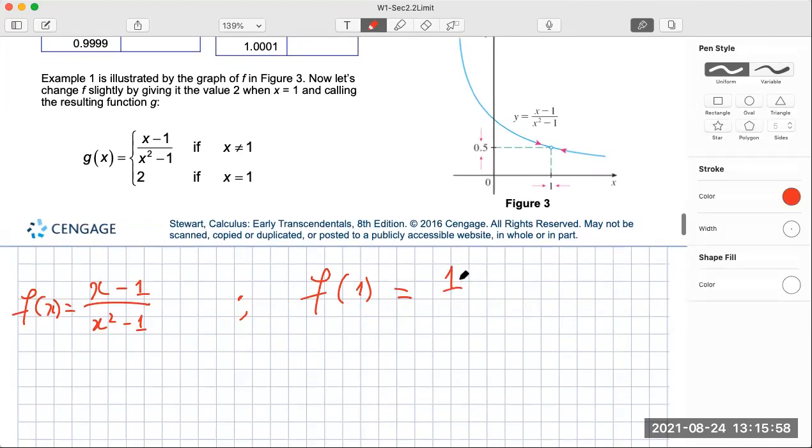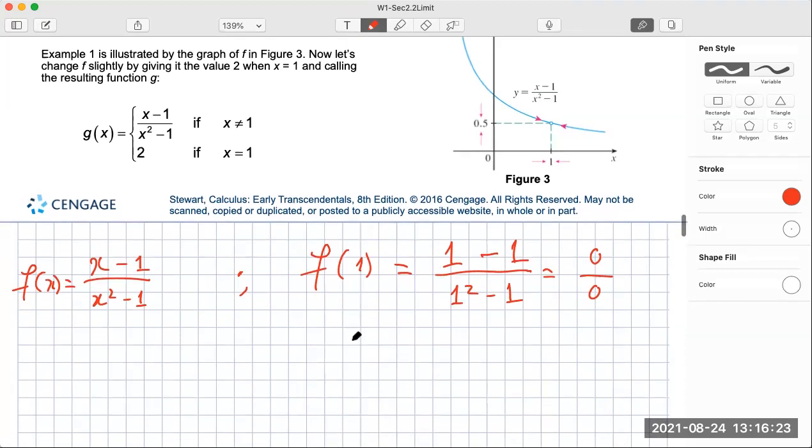f of 1 will be 1 minus 1 according to that definition here, right? Divided by what? 1 squared minus 1. It is undefined, right? If the denominator is equal to 0, then the fraction is undefined.